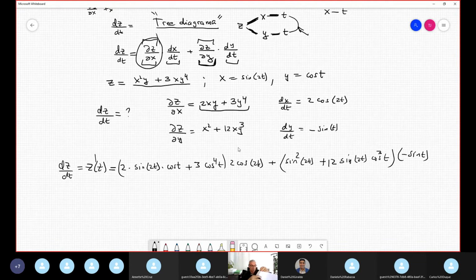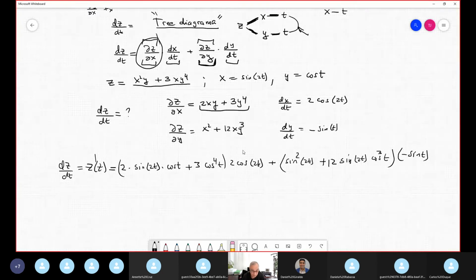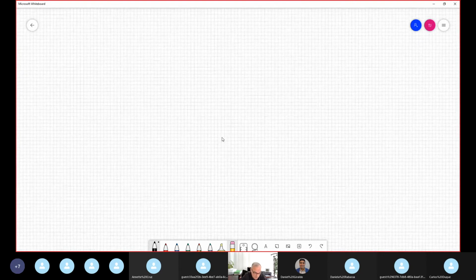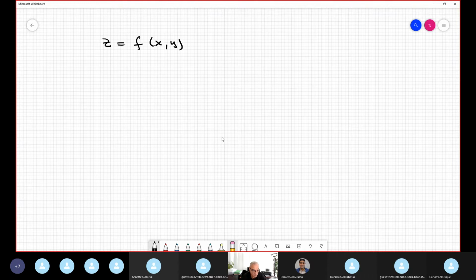Okay, I bring 2 more examples in which I complicate a little bit more, because sometimes we have every possibility. We have a lot of combinations in this case. Suppose another chain rule in which I have the function z depending on x and y.